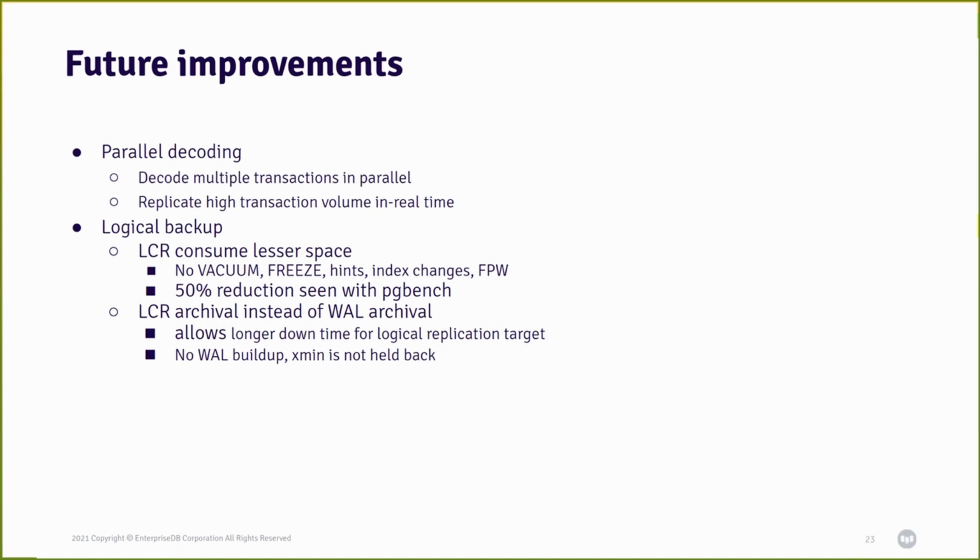With LCRs, since we have already converted the WAL to LCR, we don't need to hold the xmin back, and also we don't need to retain WAL. We can produce LCRs, archive them somewhere, and take the load off of upstream. When the downstream comes up, we can apply those LCRs which have been saved somewhere to the replica and then bring it back in sync with the upstream.